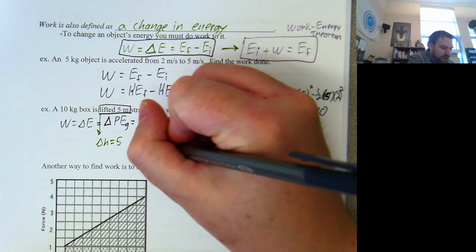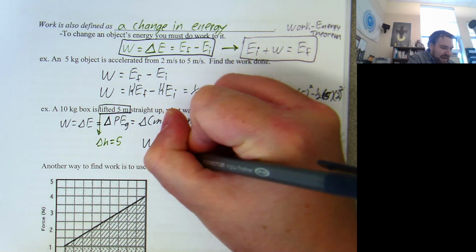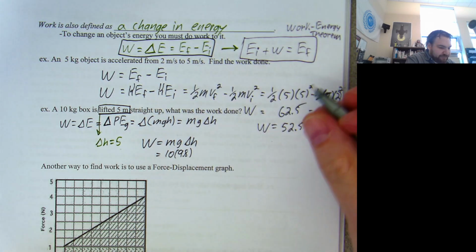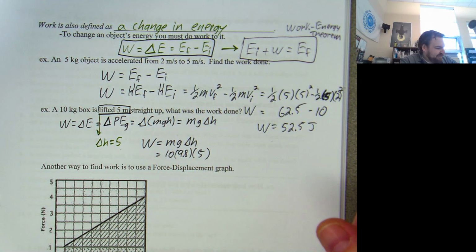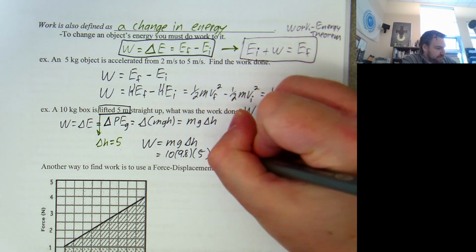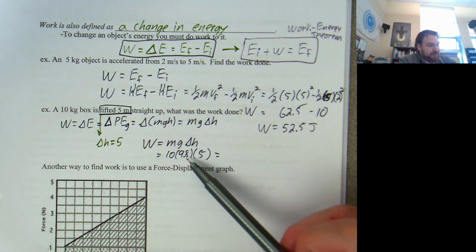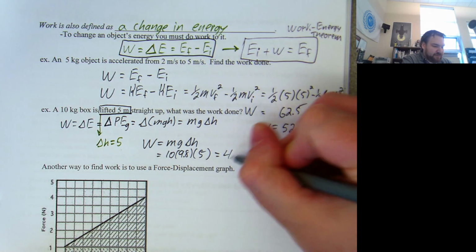Work is just going to be equal to the mass times the gravity times the change in height. And the mass is 10, gravity is 9.8, and the change in the height is 5. So 10 times 9.8 is going to be 98. 98 times 5 is going to be 490 joules.